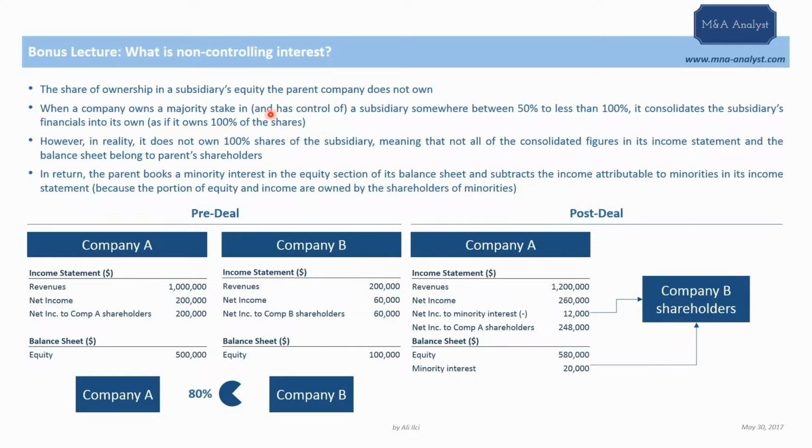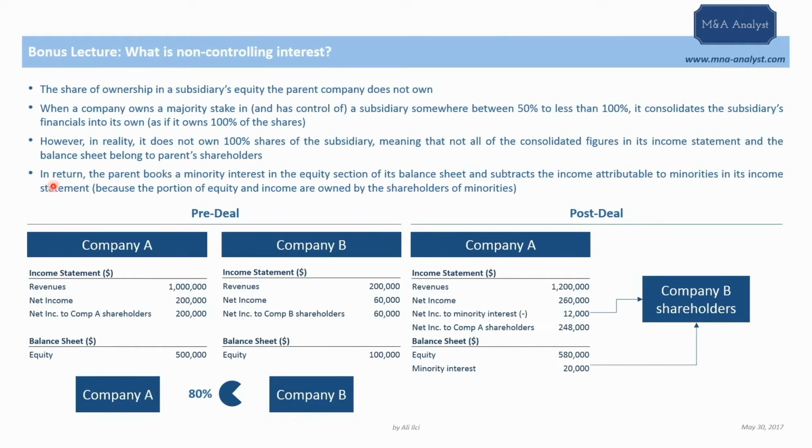If you control a subsidiary and you have shares as a parent company over 50% but less than 100%, you consolidate the subsidiary's financials into yours as if you own 100% of the shares. However, in reality, the parent company does not own 100% of the shares of the subsidiary, meaning that not all of the consolidated figures in its income statement and balance sheet belong to parent shareholders.